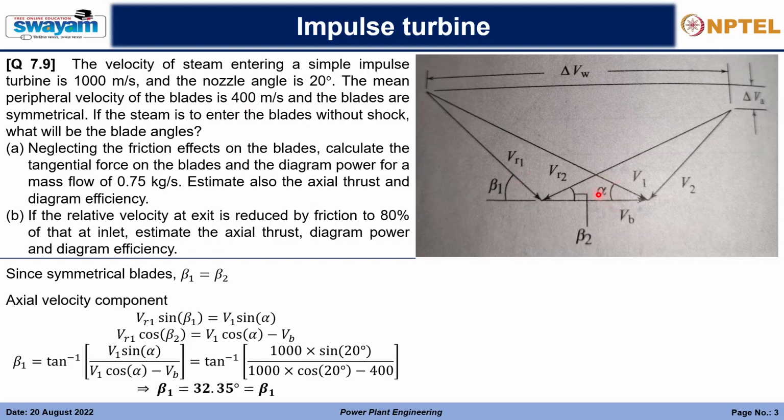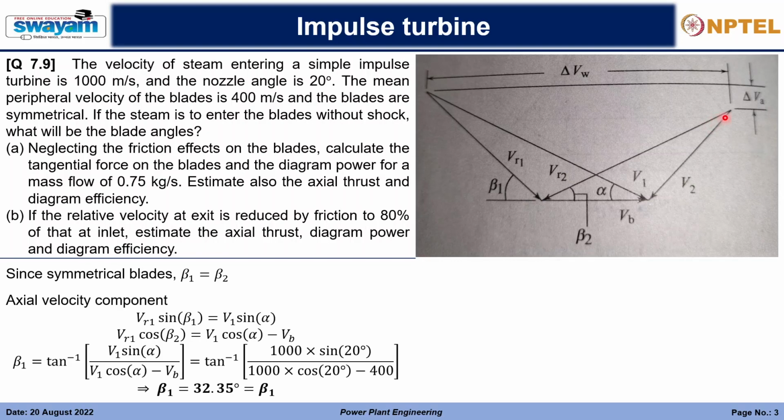So these angles are different. The alpha is the inlet angle, the nozzle angle, so it is 20 degree, it is given. Beta 1 is the relative velocity angle, so at which angle it is entering the blades. So this is the inlet part of the blade. Then the exit part also, so it will move out from this blade, right?